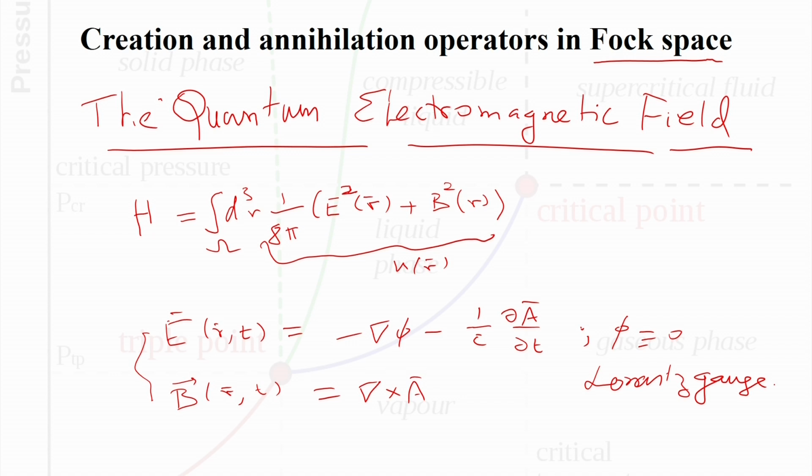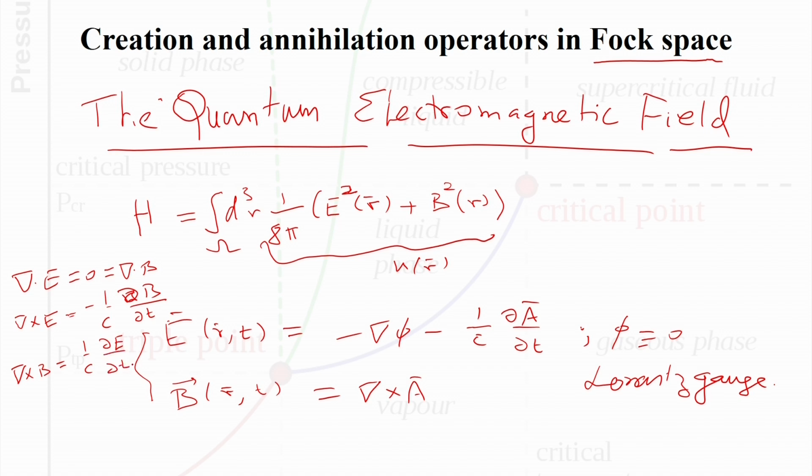So, the point is that, because of the 4 Maxwell equations, remember that we are in empty space. So, E and B have no divergence, curl of E is minus 1 by c dB by dt, and curl of B is 1 by c dE by dt.